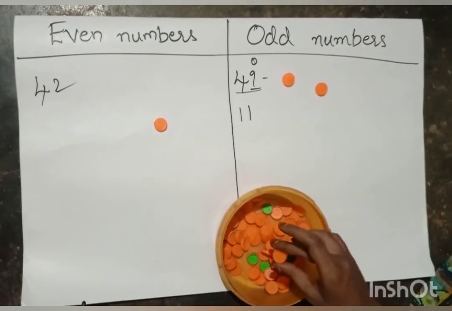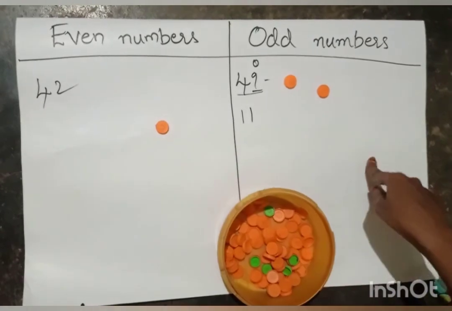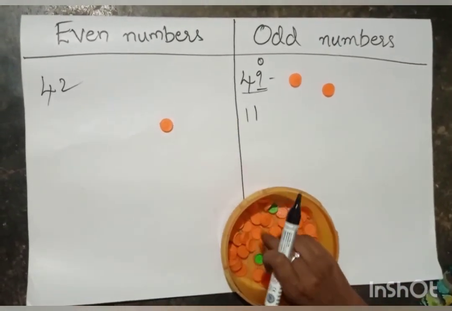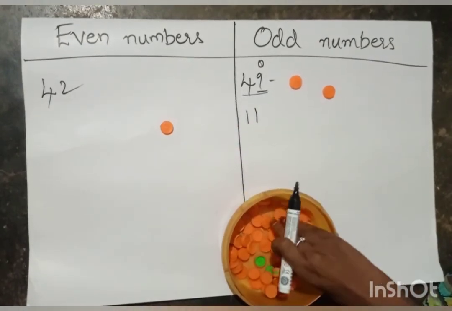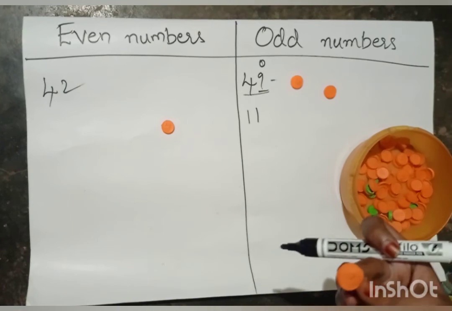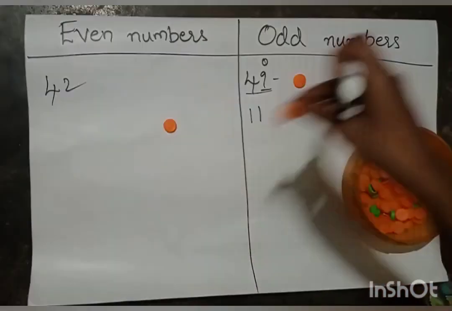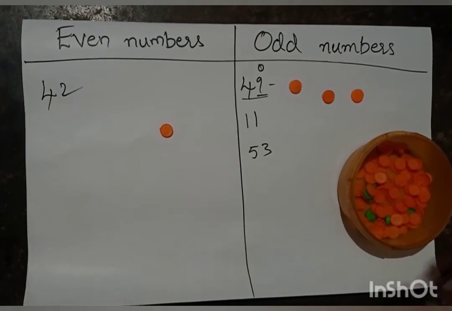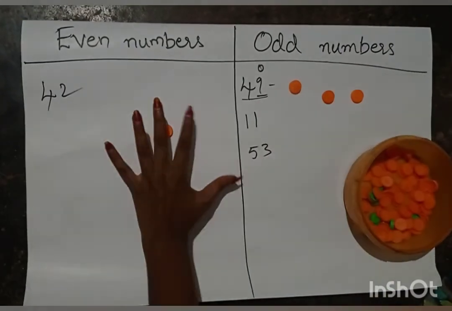With the 10 coins, you have to place whether it is even or odd. If it is even, you will write it in the even number column, and you will keep that number there. For example, I have taken one more number, 53. I got it here, I place it here, and I will write the number. By this you will do it, and the coins you will place on two sides.